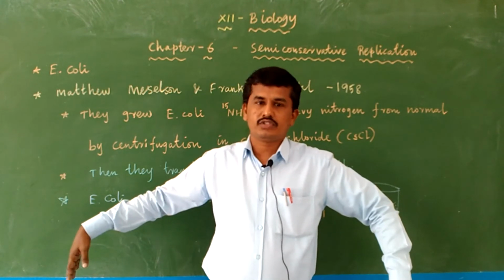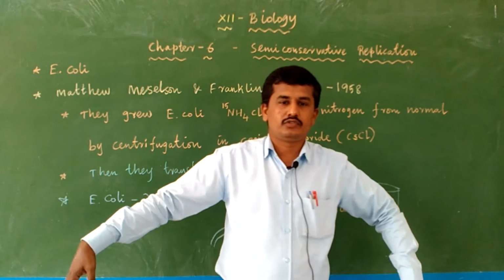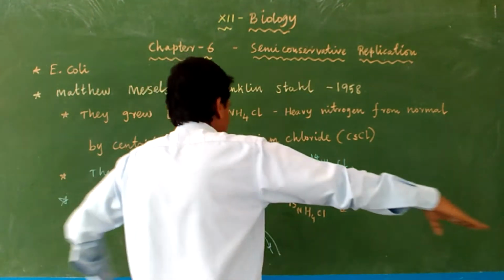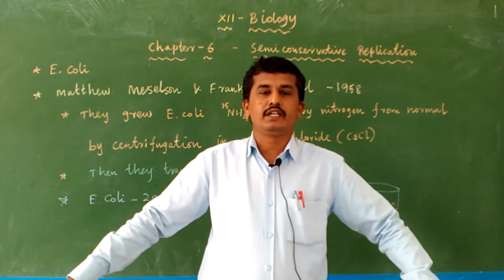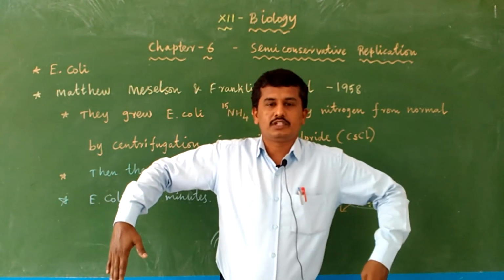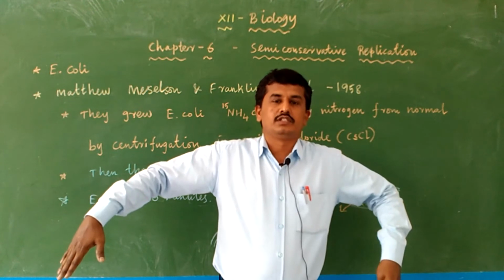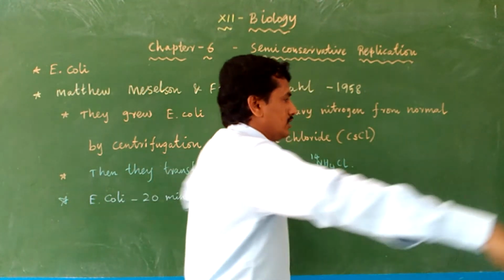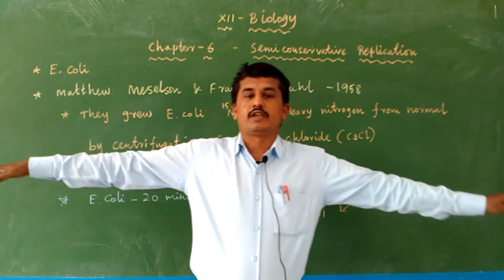Then we switch on the centrifuge, and it slowly rotates. As the speed increases, the test tube, which is first in this position, slowly moves to this side due to centrifugal force.